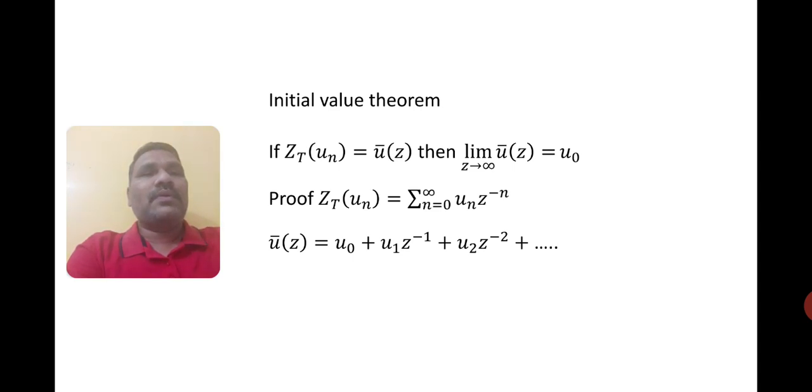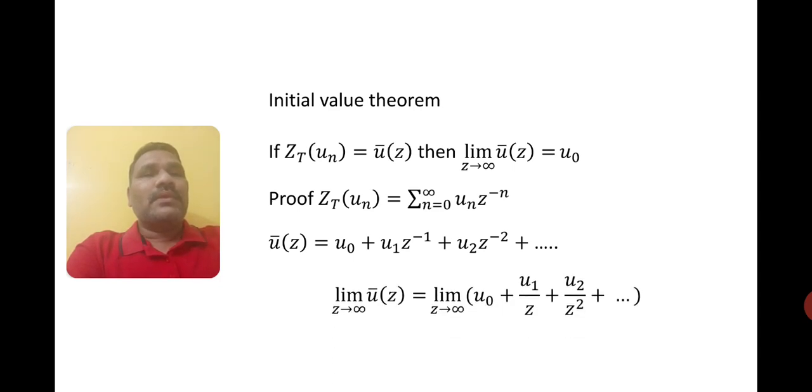Second time I put n as 1, so u1 z to the power minus 1, and u2 z to the power minus 2 and so on. According to this initial value problem, what you have to do is apply the limit on both sides. So I have applied the limit and rewrote the RHS of the previous step as follows.